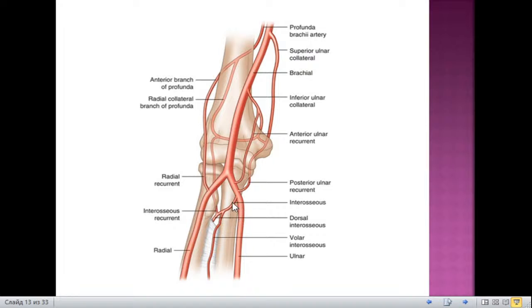But the posterior interosseous artery gives off the recurrent interosseous artery, and the recurrent interosseous artery anastomoses with the middle collateral, which comes from the deep brachial artery. So as a whole we found 8 arteries. 4 of them are collateral and 4 of them are recurrent. And at least we found 4 anastomoses here.